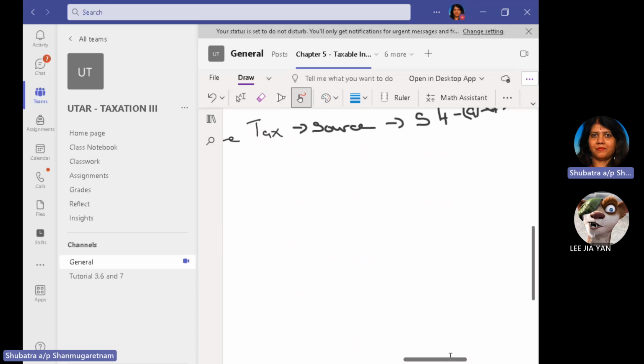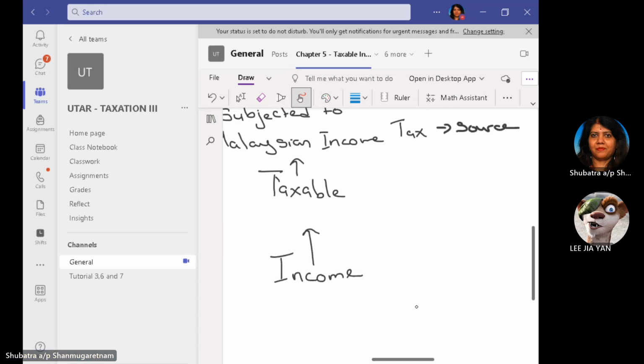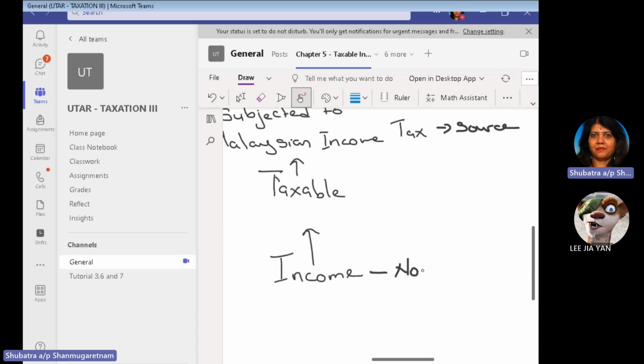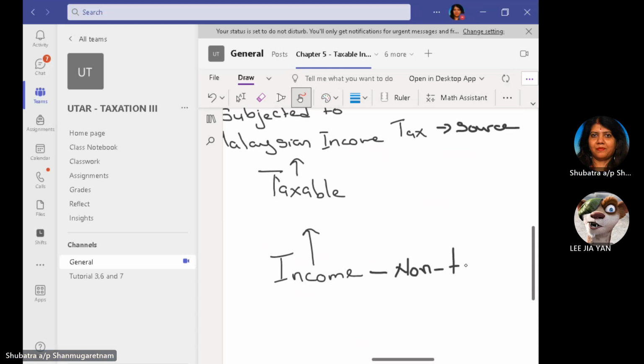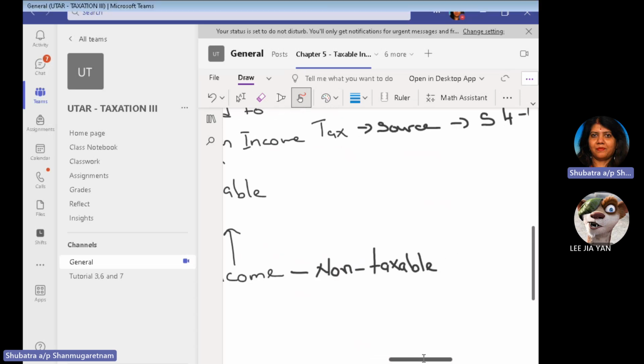Okay, now your second category of income is non-taxable income.